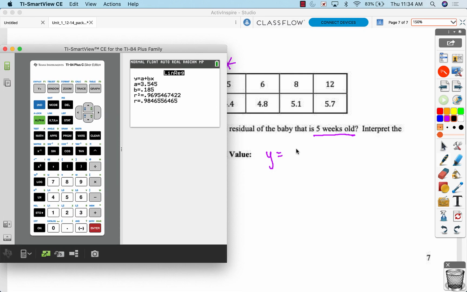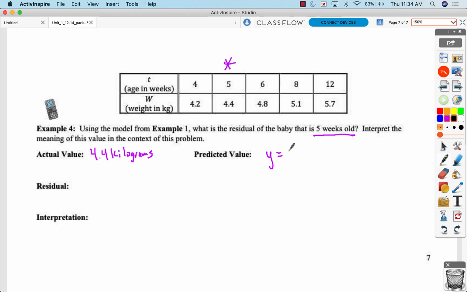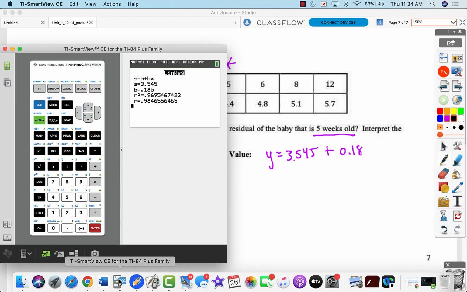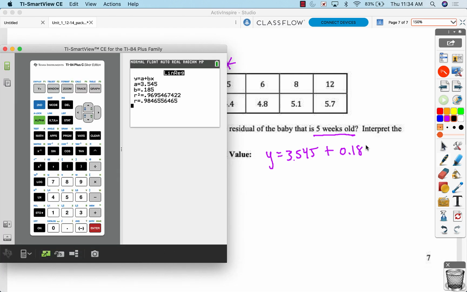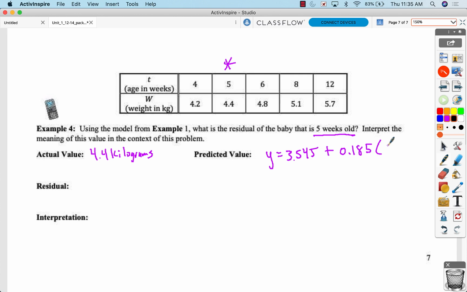So I put the data back in and I got the y-intercept is 3.545 plus 0.185 times, okay, remember I'm trying to predict the value that's 5, so I put the 5 in here.